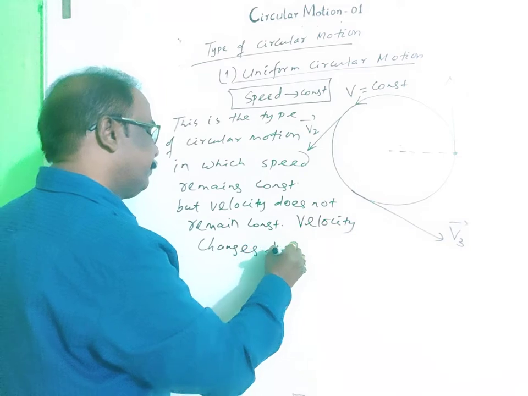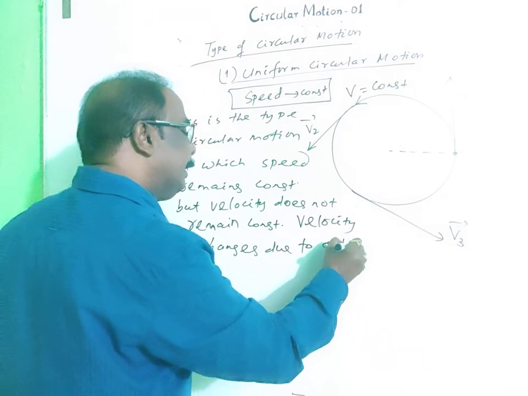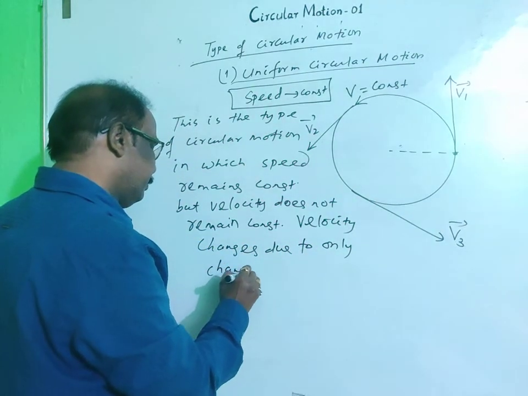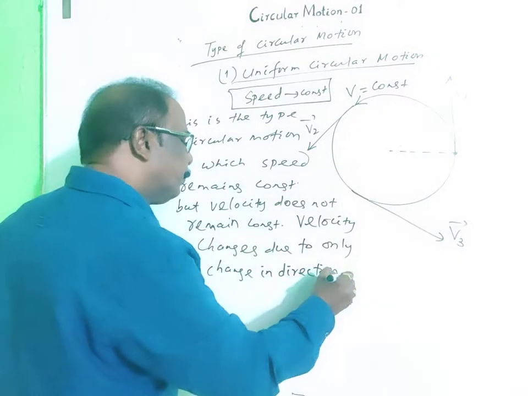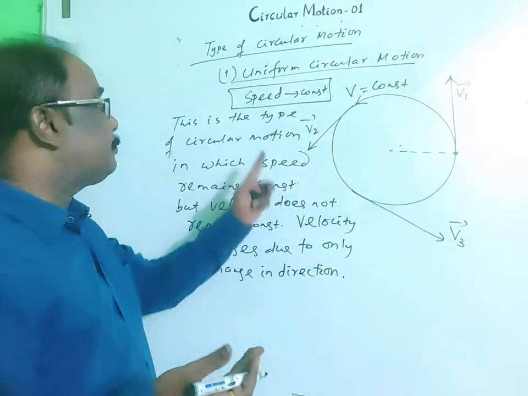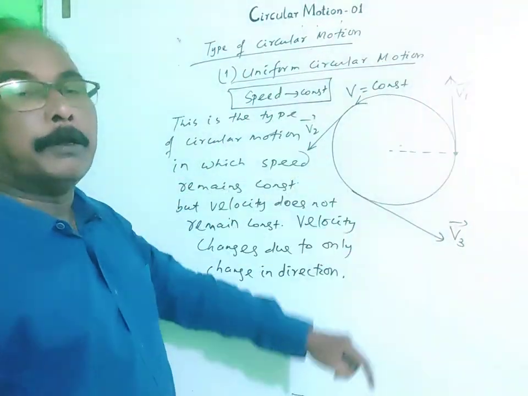Velocity changes due to only change in direction, because magnitude of velocity, that is speed, is constant.